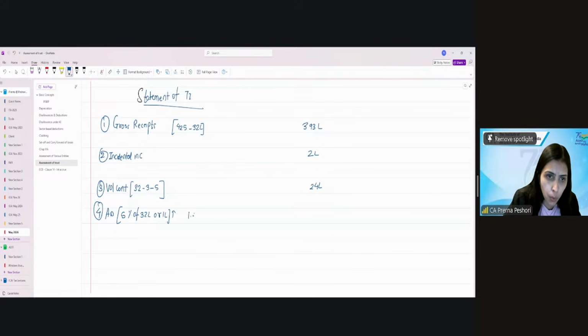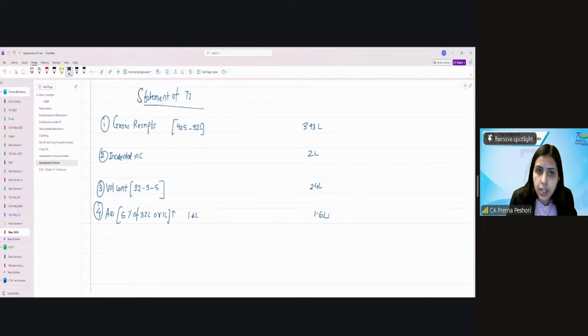This comes to 1.6 lakh. Now, what is the anonymous donation I have received?